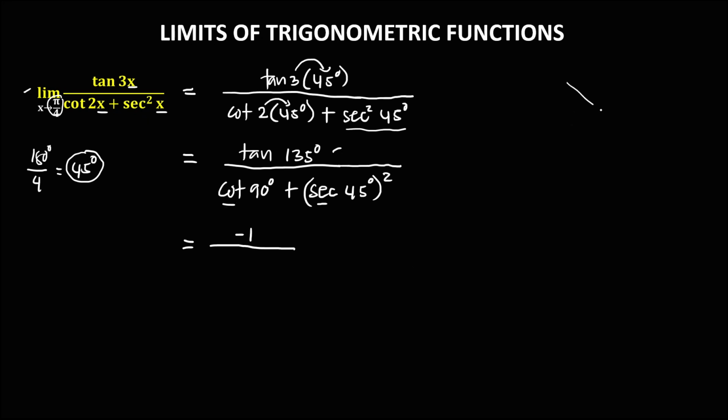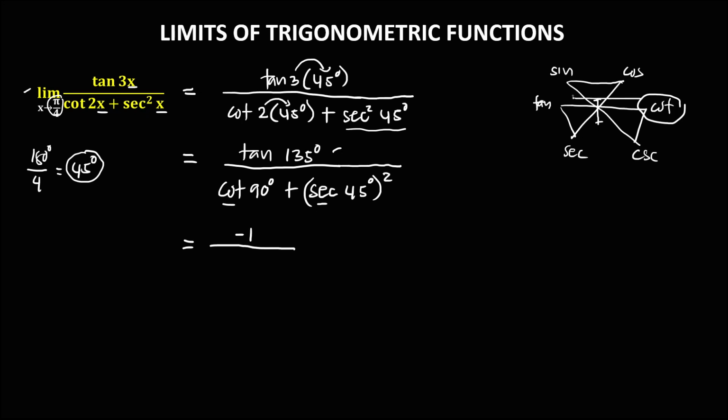Using this figure to find the different identities, we have sine, cosine, tangent, cotangent, secant and cosecant. For this cotangent 90 degrees, these are the different identities for cotangent, so we need to convert cotangent to sine, cosine, or tangent.